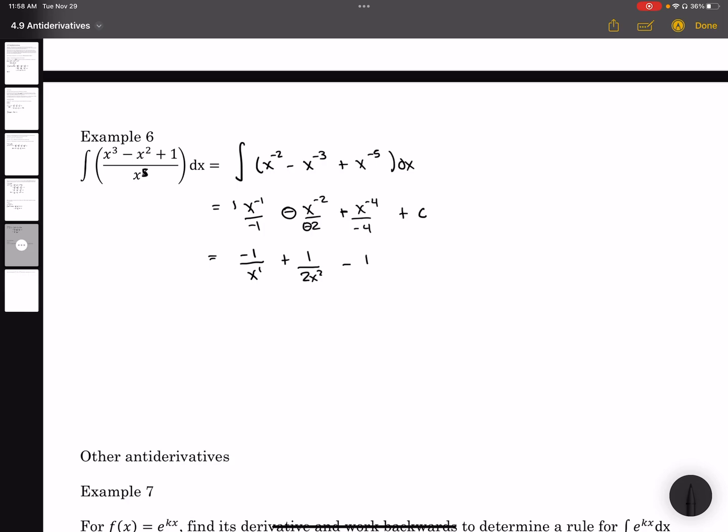So then we're going to get minus 1 over 4x to the fourth, that should be 4x to the fourth, and plus c.